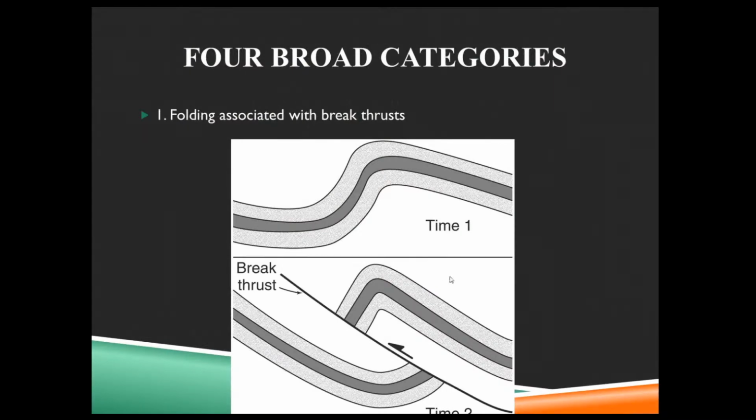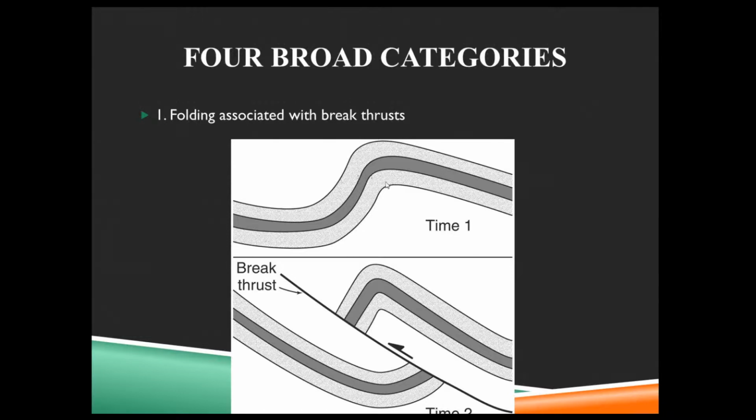So there are 4 broad categories of thrust folds that I want to look at, looking more small scale, what's going on. We can have folding associated with break thrusts. So we've got folding, more and more compression.